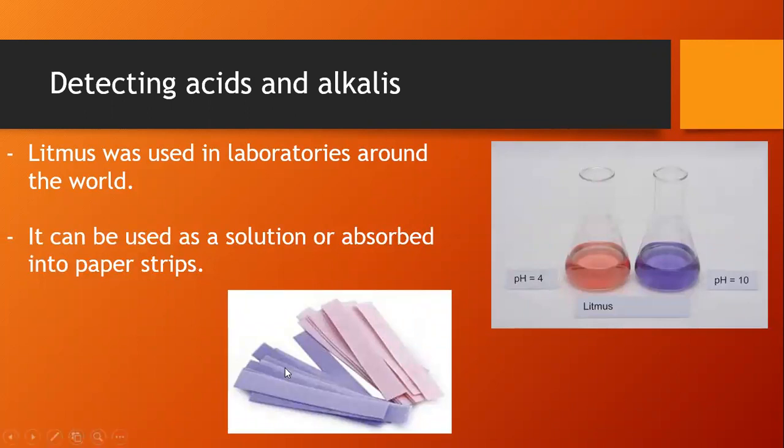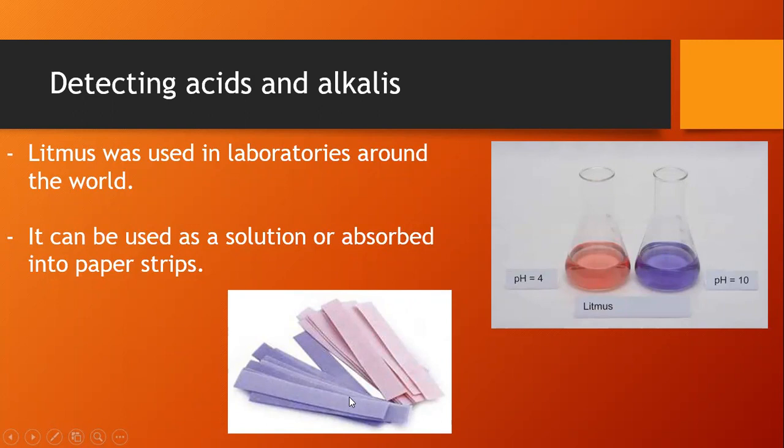The litmus could be made as a solution or as paper strips. We just add the color to the paper, or we just add the color to water. So we have two colors of litmus, a red color and a blue color.